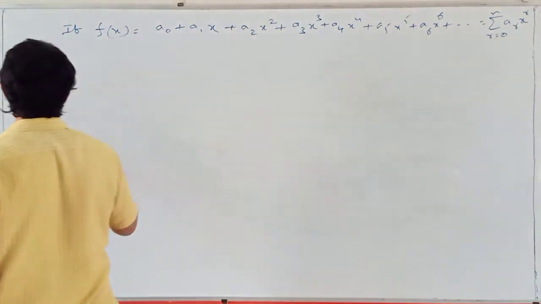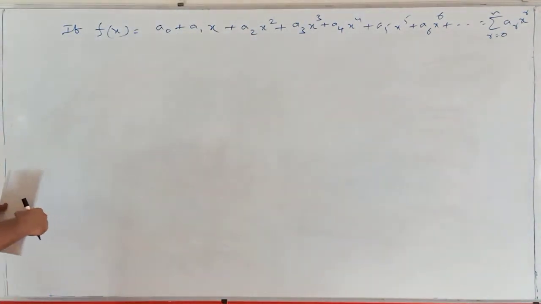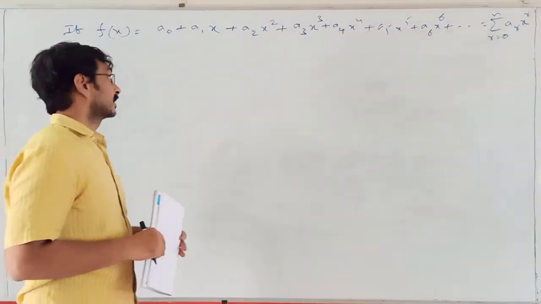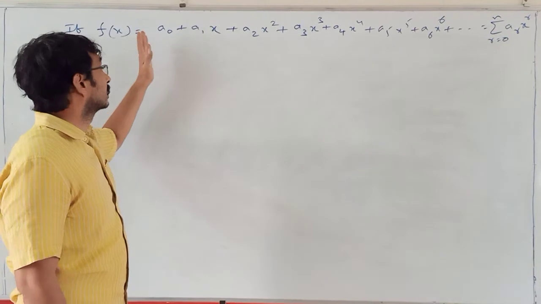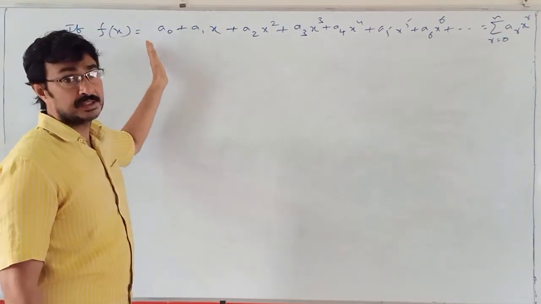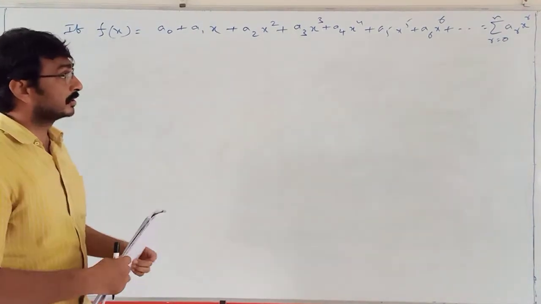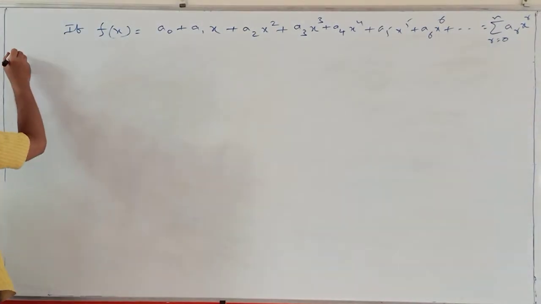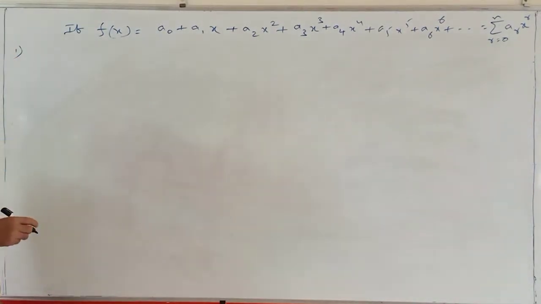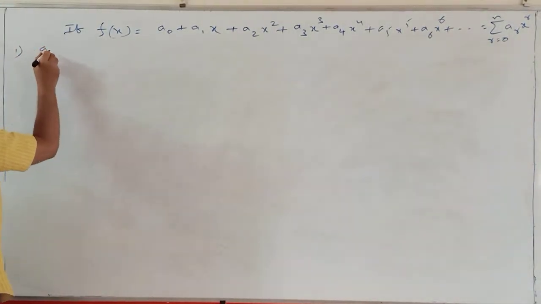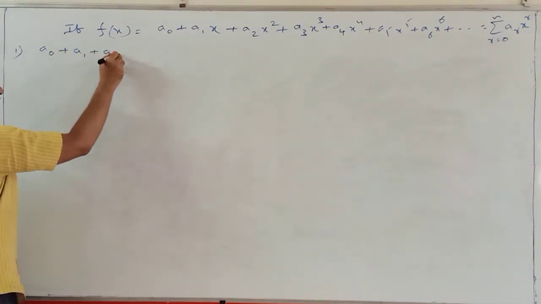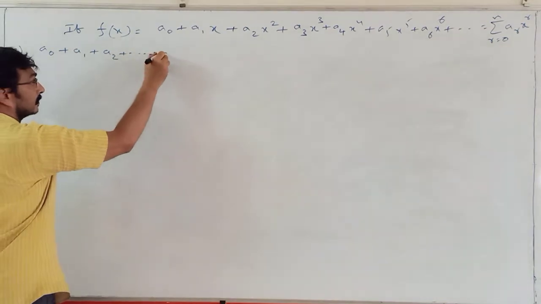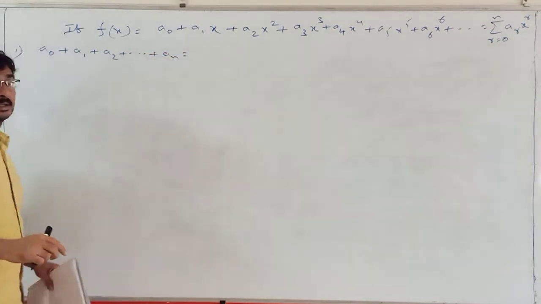Then there are standard results on the relation among coefficients a0, a1, a2, a3 and so on. Of them, the first one is the sum of the coefficients, a0 plus a1 plus a2 and so on.